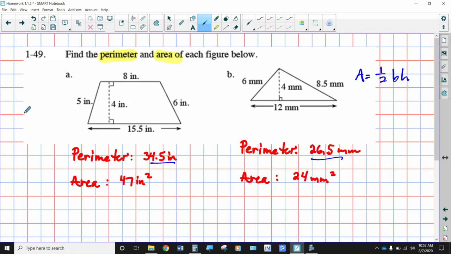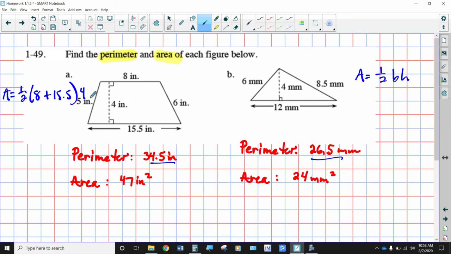But the formula for the trapezoid gets a little bit trickier. You have to take the average of these 2 bases. So base 1 is 8, base 2 is 15.5, and then multiply times 4.